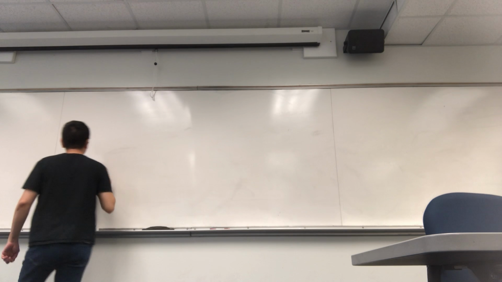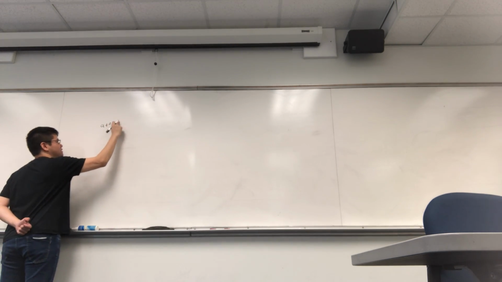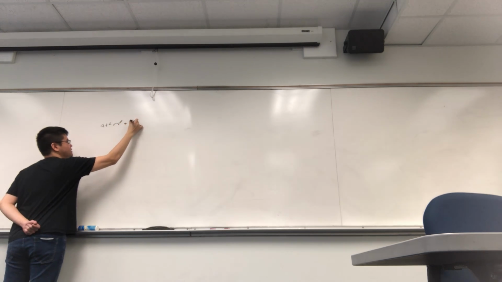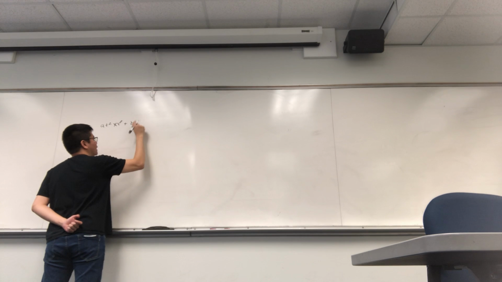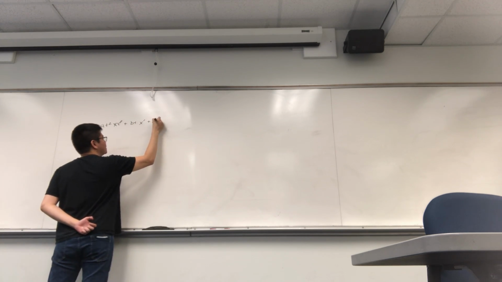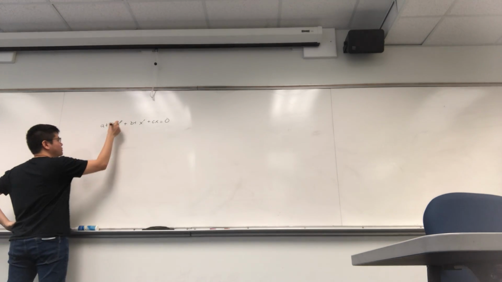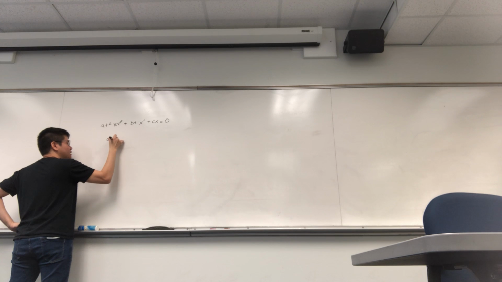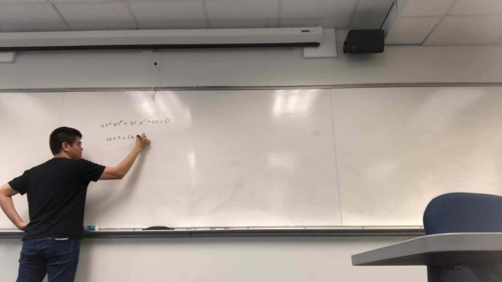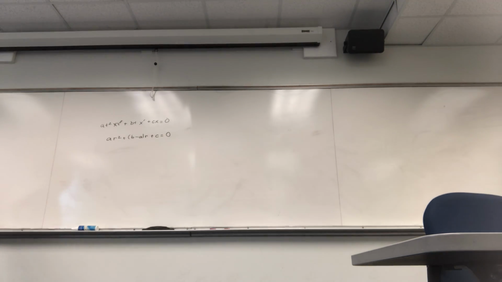Alright, so again, you have a t squared x double prime plus b t x prime plus c x is 0, right? So in this case, you have a r squared plus (b minus a) r plus c is 0, right?